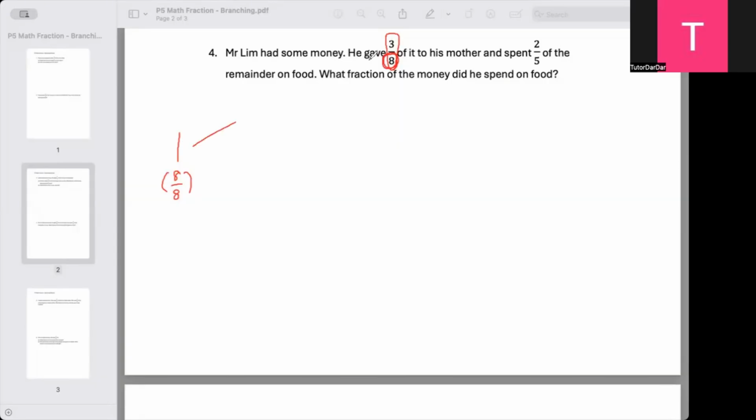From 1, he gave 3/8 to his mother. If he gave 3/8, what is the remainder? 8 minus 3, we should be left with 5/8. This is the remainder.